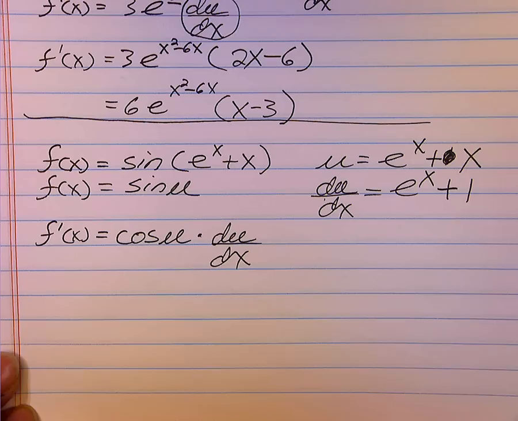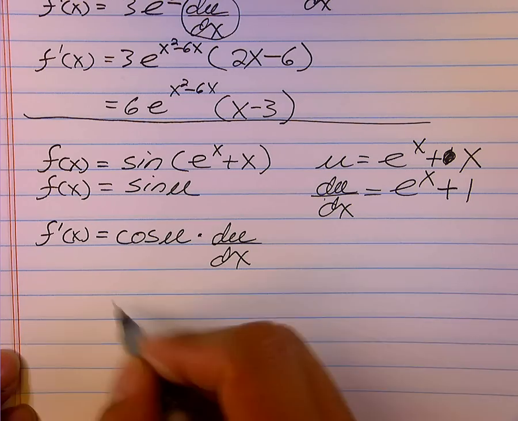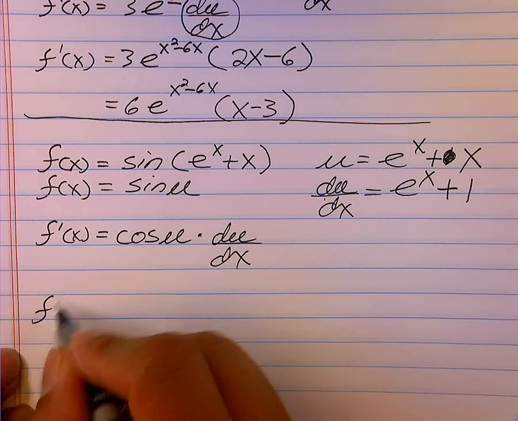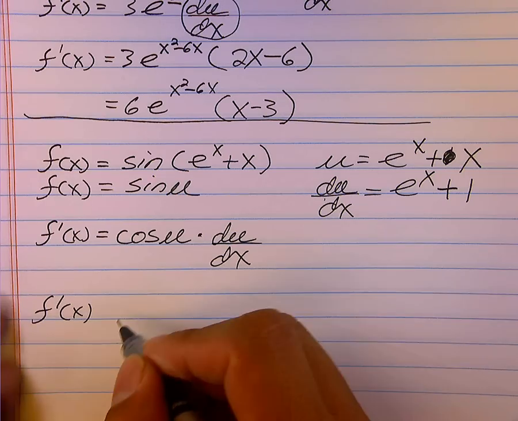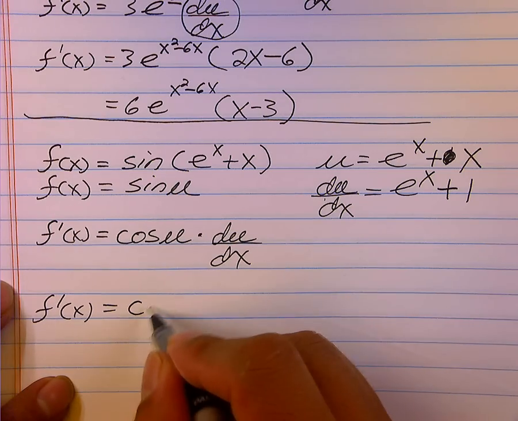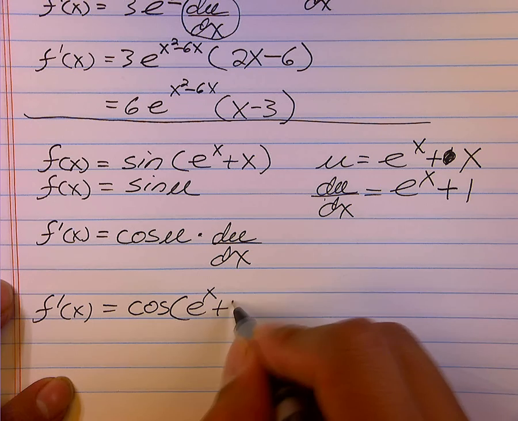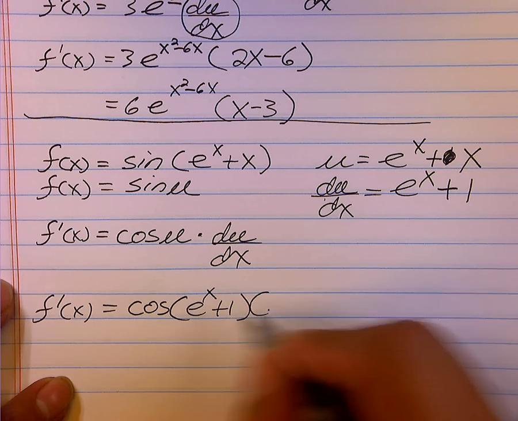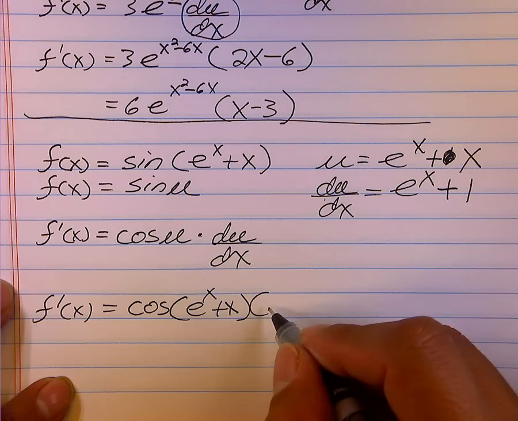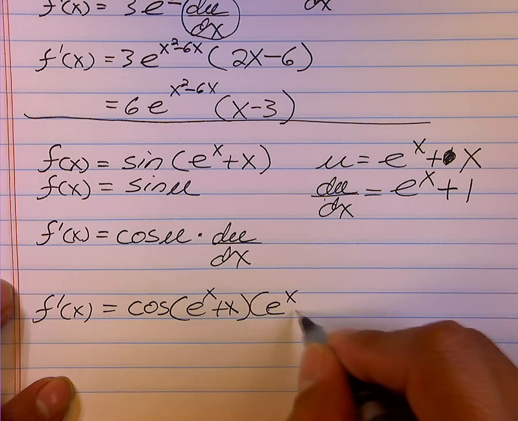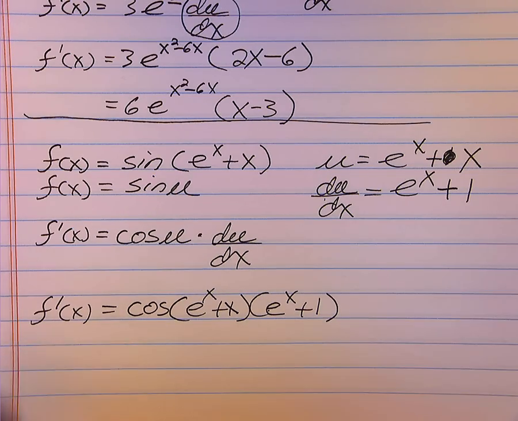Where my mistake came last time, I was too fast and took the derivative already. So I'm going to do a back substitution now. Cosine of u times du dx.